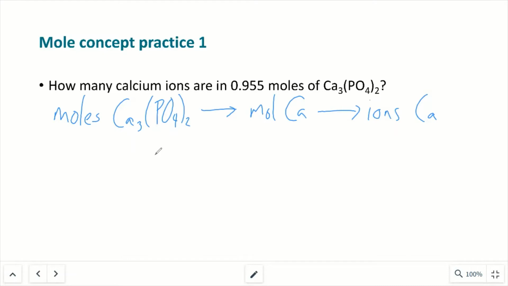The alternative pathway is that we could instead turn the moles of calcium phosphate into formula units of calcium phosphate using Avogadro's number, and then turn those formula units into ions using the chemical formula. Either way we did it, we would end up with the exact same result. It's just a matter of what order you feel most comfortable going with.